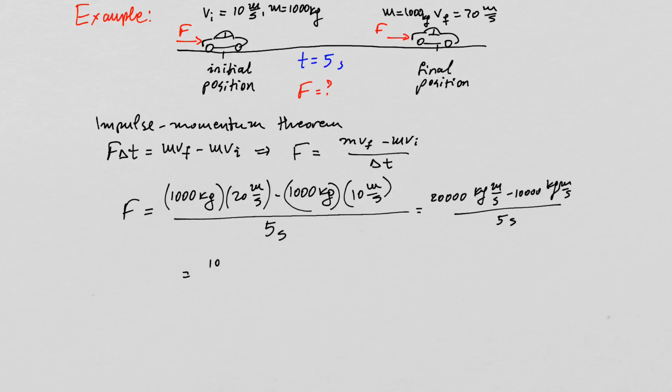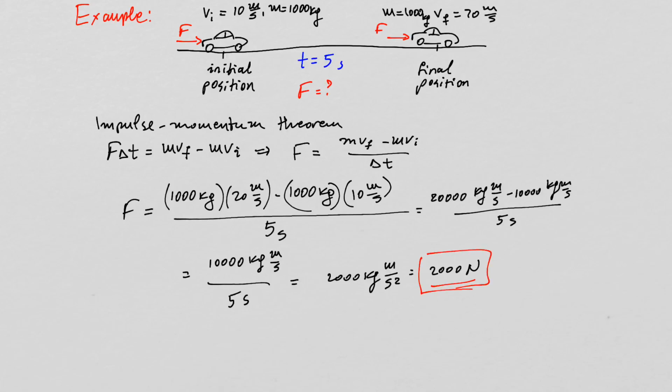This is equal to 10,000 kilogram meters per second divided by 5 seconds, or this is 2,000 kilogram meters per second squared, or 2,000 newtons. And so this is the force responsible for this change in velocity between the initial and final positions of this car moving down the road.